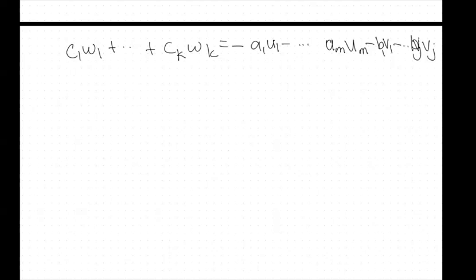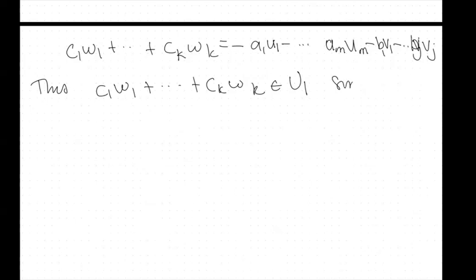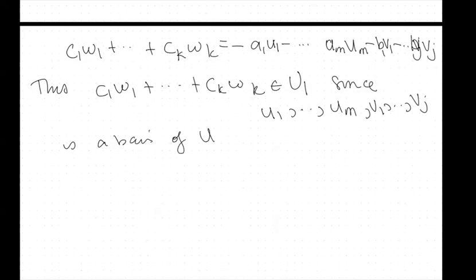This shows that C1 W1 up to CK WK is in U1, since U1 up to UM and then V1 up to VJ is a basis of U1.